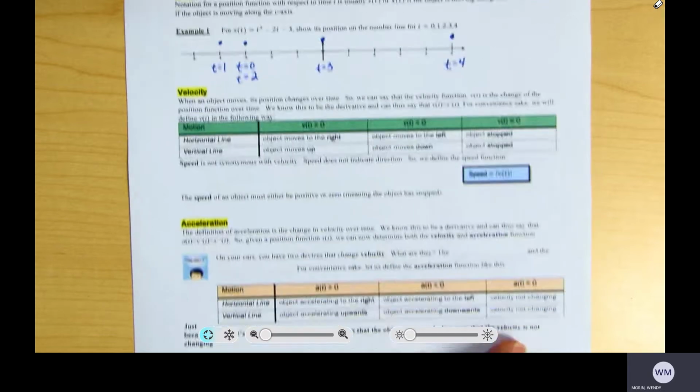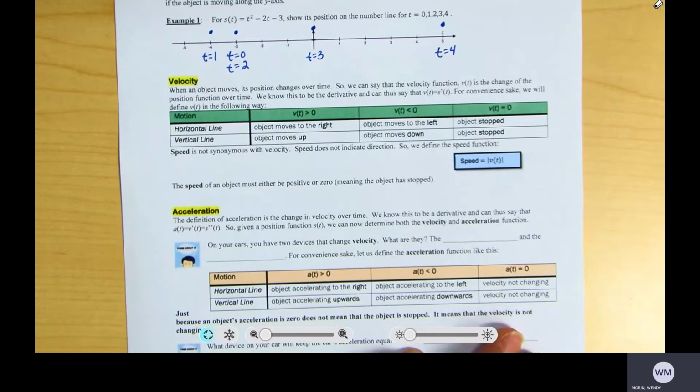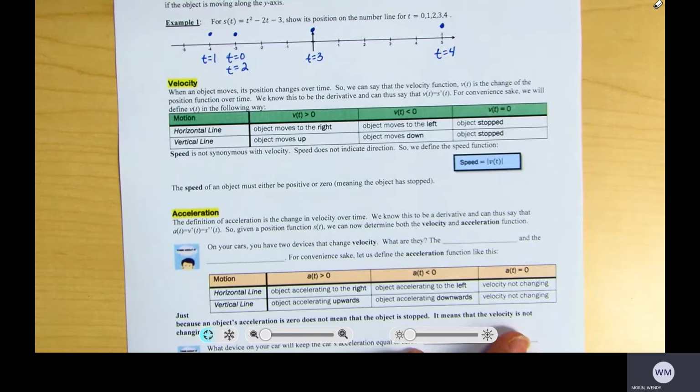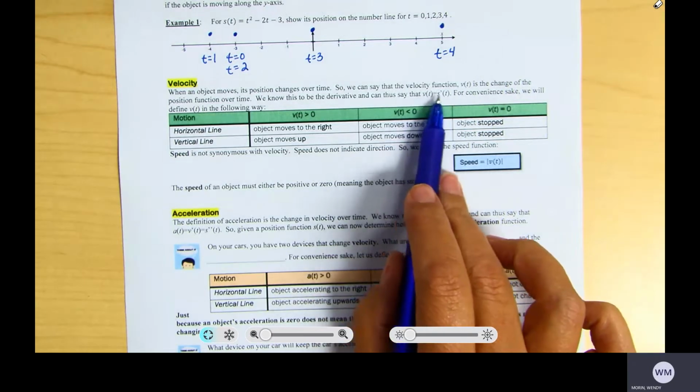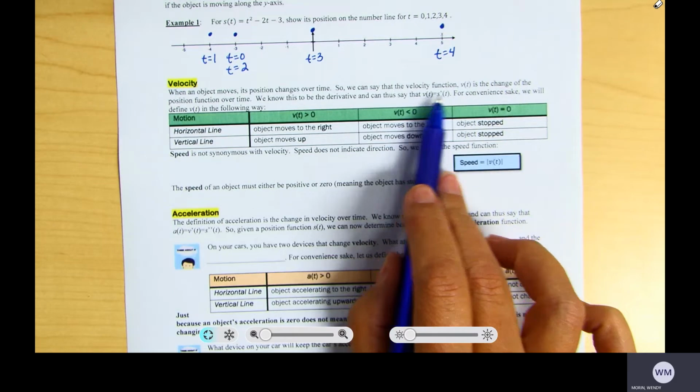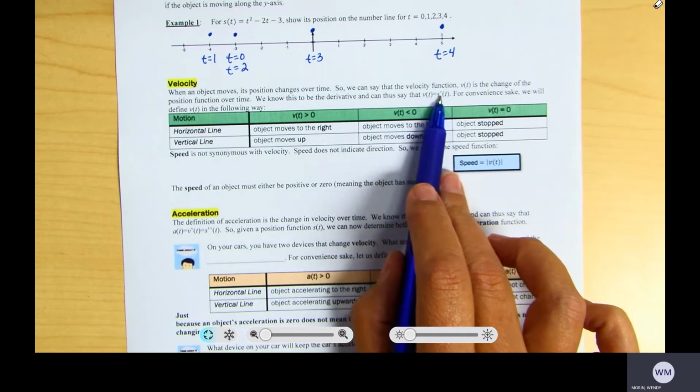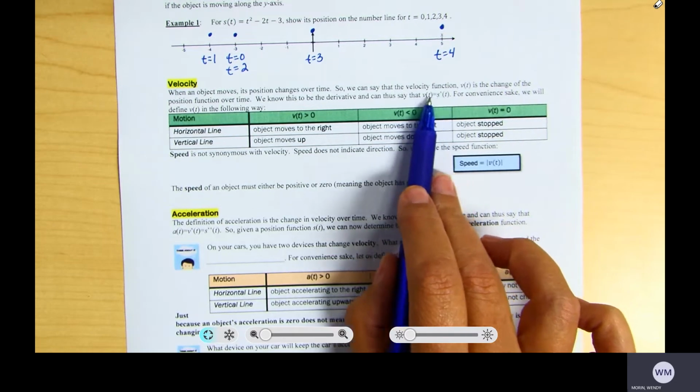Let's look at velocity. When an object moves, the position changes over time. So we can say that the velocity function is the change of the position over time. It's a rate. We know this to be the derivative, and that's why we can say that the velocity is the derivative of position.